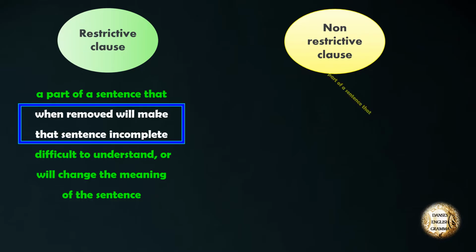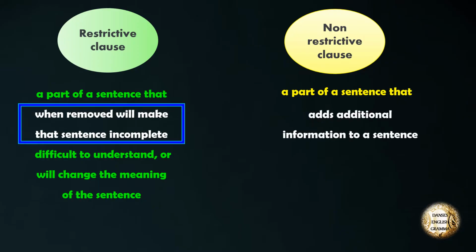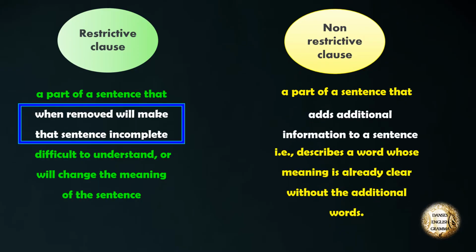The non-restrictive clause is also a part of a sentence that adds additional information to a sentence. That is, it describes a word whose meaning is already very clear without those additional words. So, a non-restrictive clause adds additional information to a sentence.